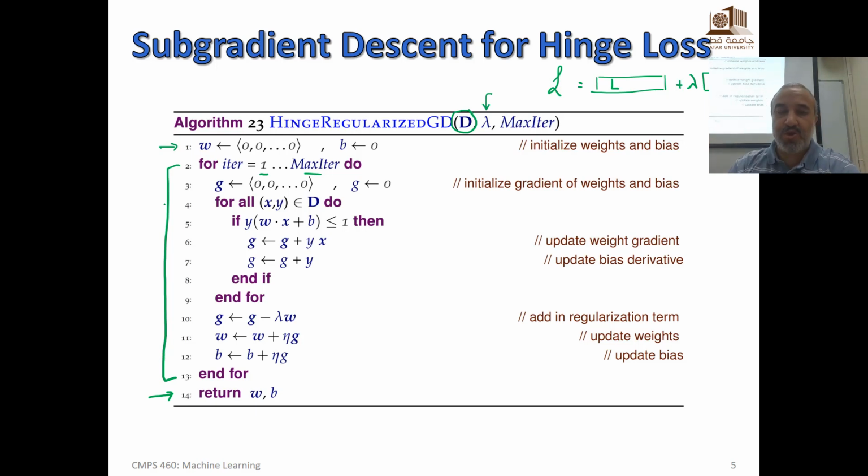So in this algorithm, we assume that the loss function is Hinge loss, and the regularizer is L2 norm. So once we know the loss function exactly, mathematically we can compute the gradient, which we saw last time. We saw an example, okay?